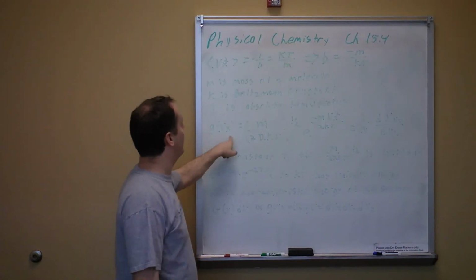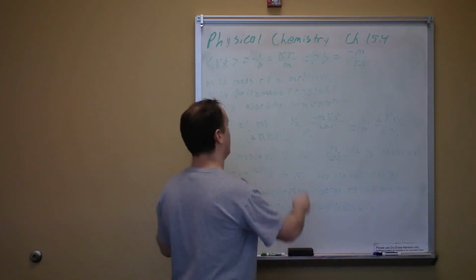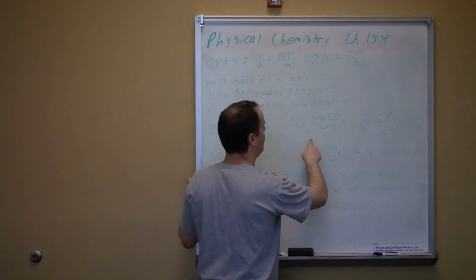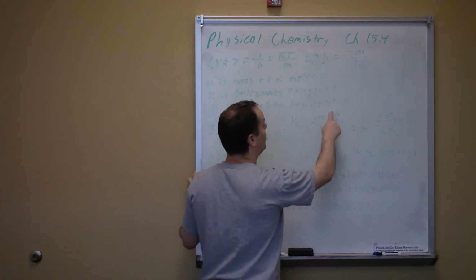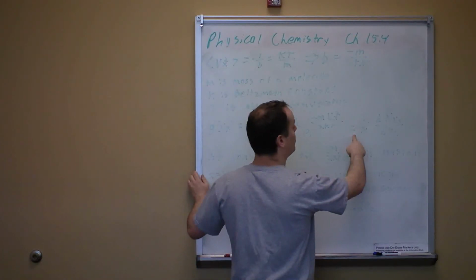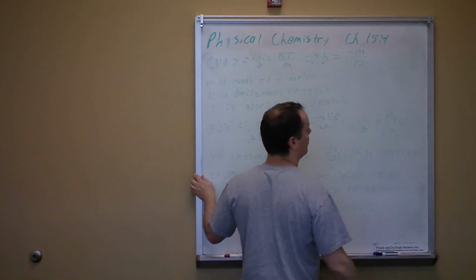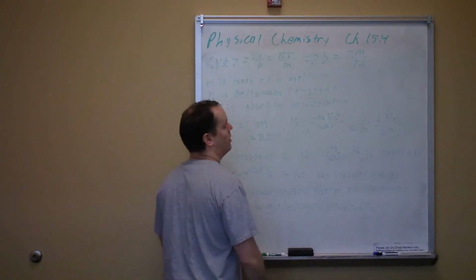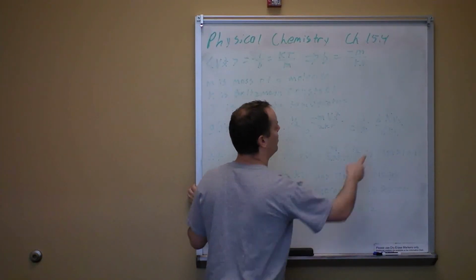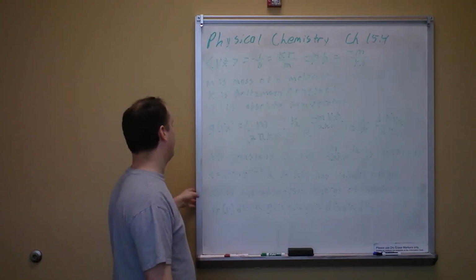So we have g of v of x is equal to the square root of m over 2 pi kT, times e to the minus m times the x component of velocity squared, divided by 2kT. And that is equal to 1 over N times the differential of the number of molecules with x component of velocity divided by the differential of x component of velocity.